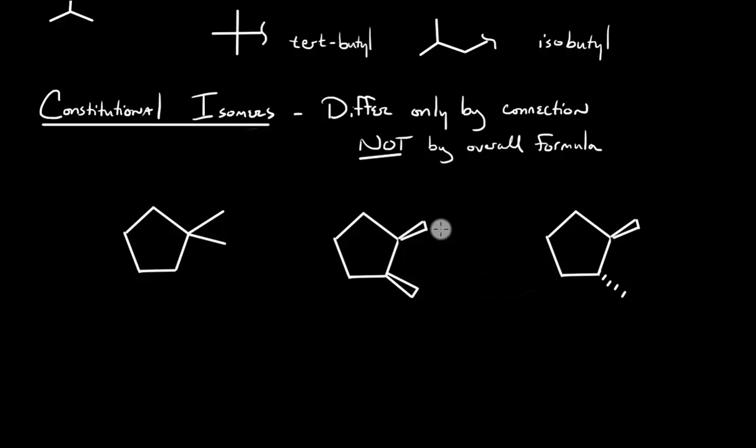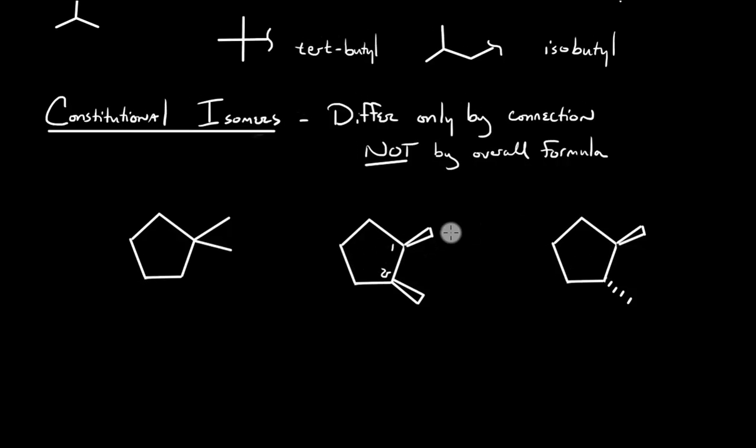So if you compare these two molecules right here, these molecules aren't really differing by the connections that they have. If it was a constitutional isomer pair, they would have to differ by how the methyl groups were attached. But those really haven't changed. If this is carbon 1 and this is carbon 2, the two methyl groups are still attached at position 1 and position 2.